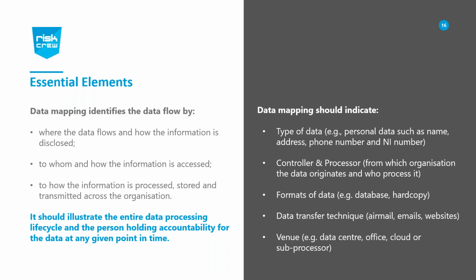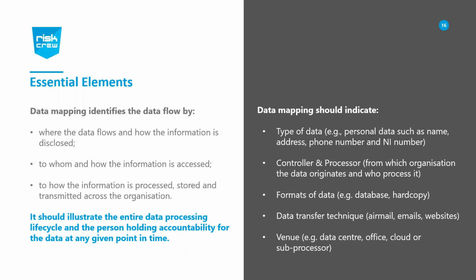So the process mapping should illustrate the entire data processing lifecycle and the people holding accountability for the data at any given point in time. It should indicate the type of data, who the controller and processors are, and the formats of the data.